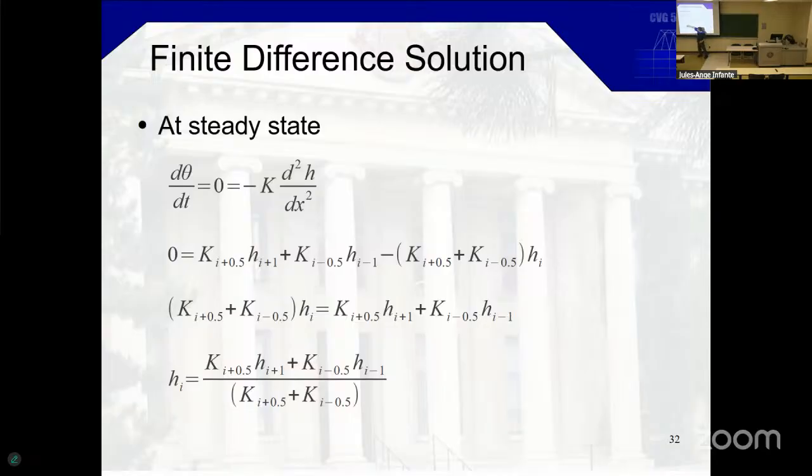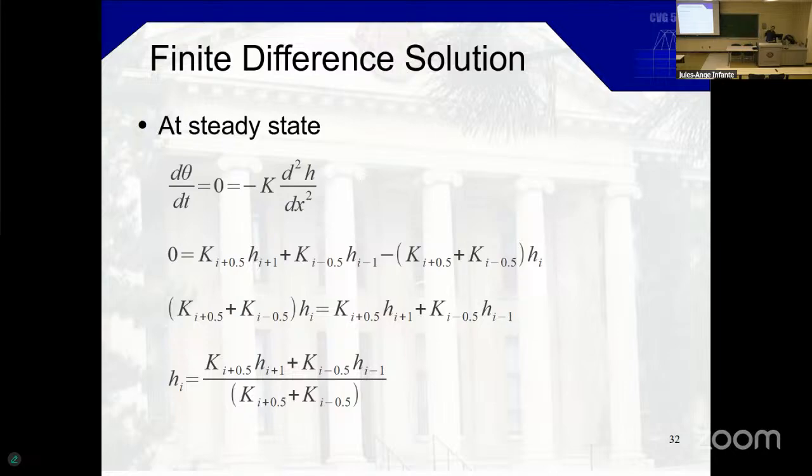Okay, so it's simple, the sum product of the neighbors, basically divided by the sum. And so it's a weighted average. So when you have a constant value, it's a straight up average. When you have variable K, it's a weighted average.